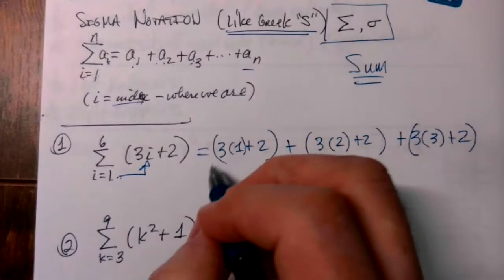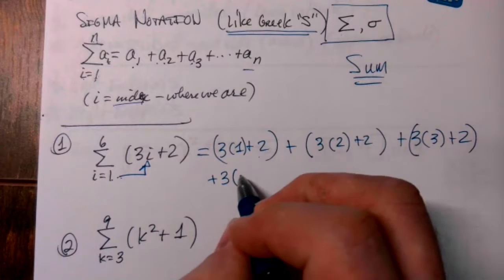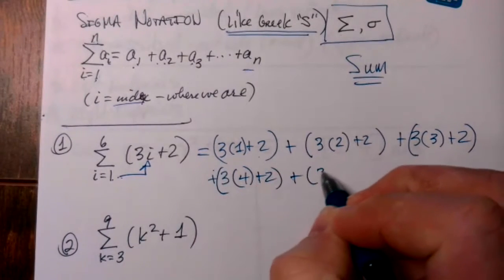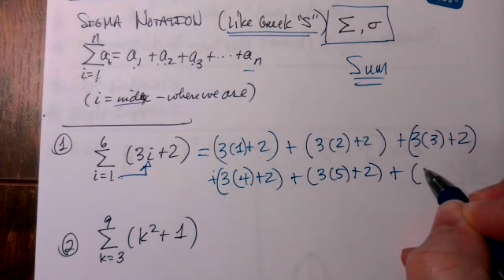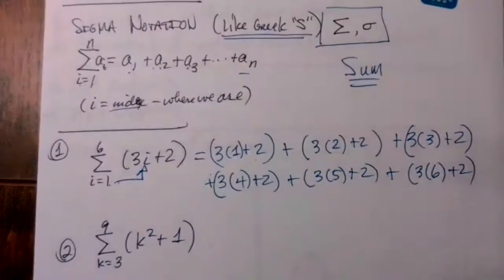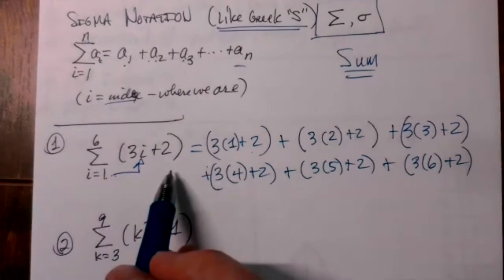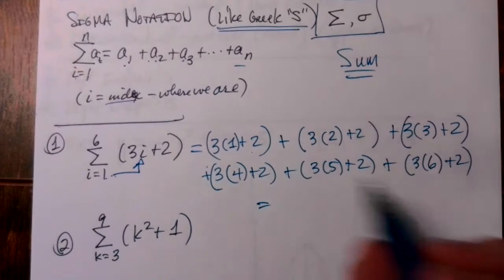I have to keep going until I get to 6. So we're at 1, 2, 3, 4, 5, 6. It's very high tech, but this is intended to be a compact notation to represent all of that. And then we need to just add this up.